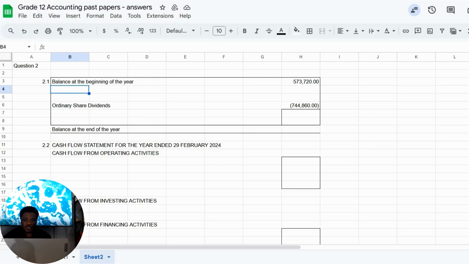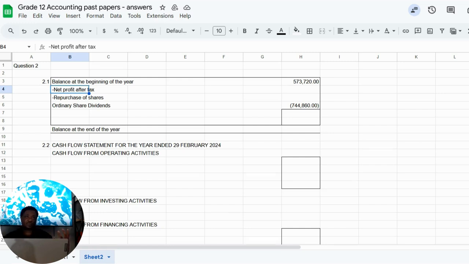So when we do a retained income note, we start with the balance at the beginning of the year. Then we add our net profit after tax. The next thing that you're going to put is the repurchase of shares. Now, remember that when we do the repurchase of shares, we are essentially just looking at the amount in excess of the average issue price.